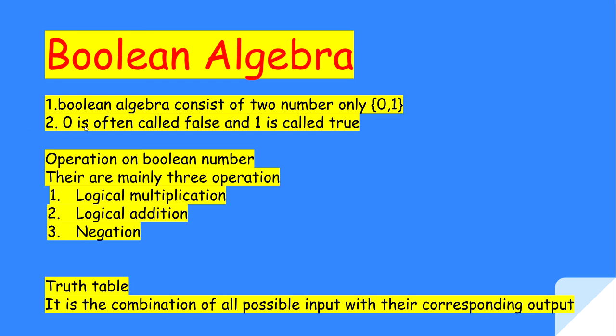In the second point, 0 is often called false and 1 is called true. Or in some textbooks they have written that 0 represents off and 1 represents on.